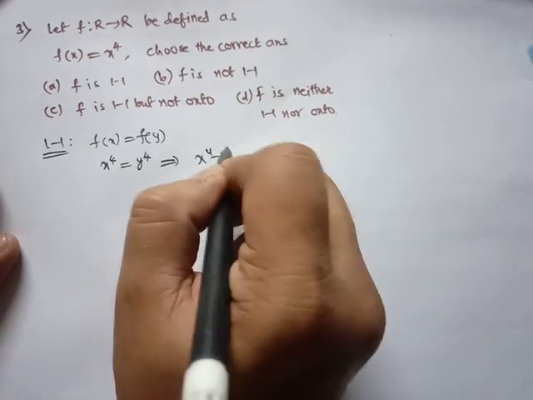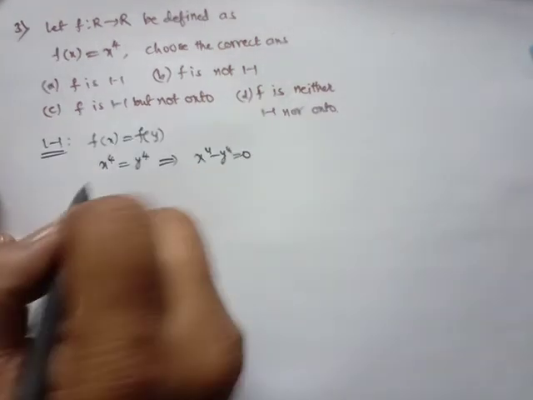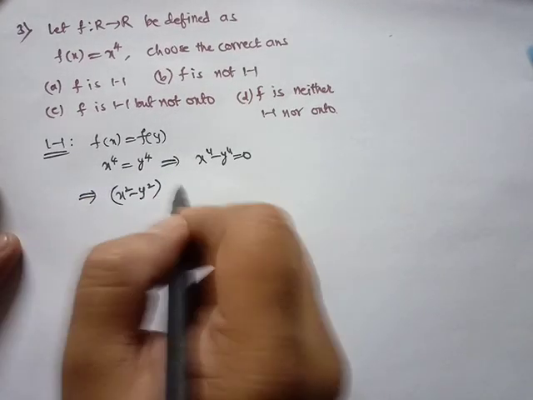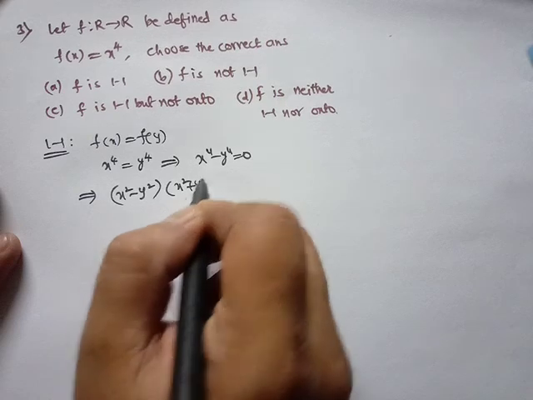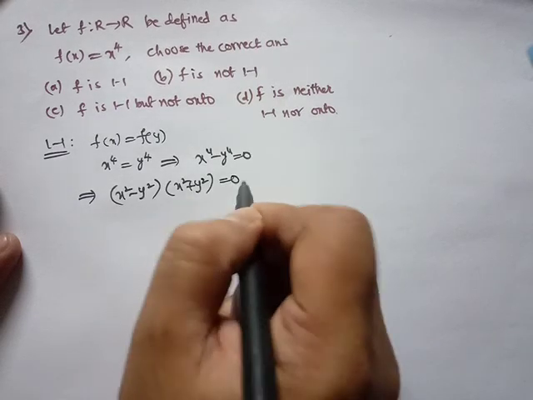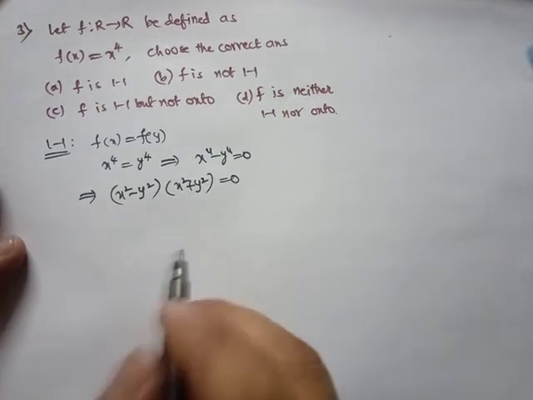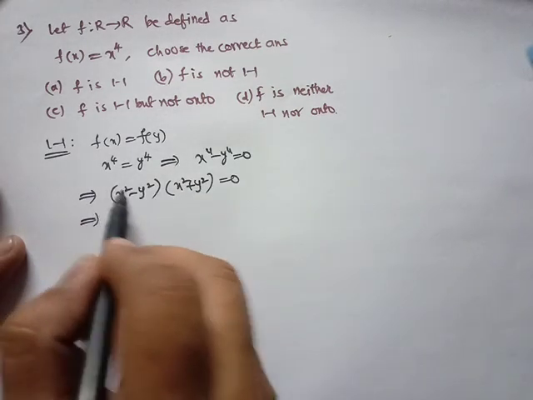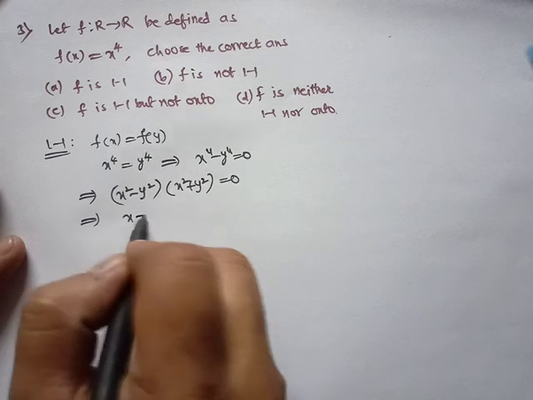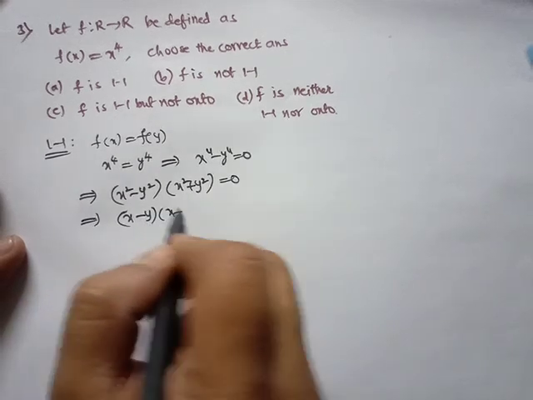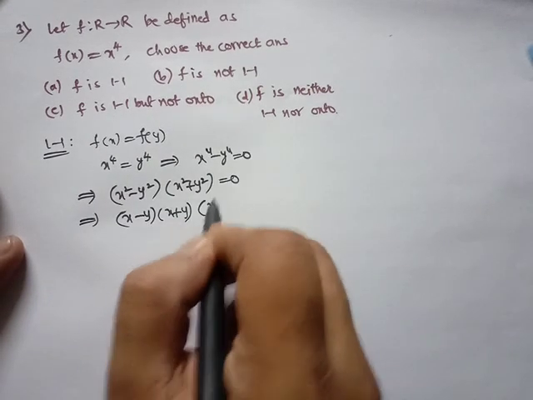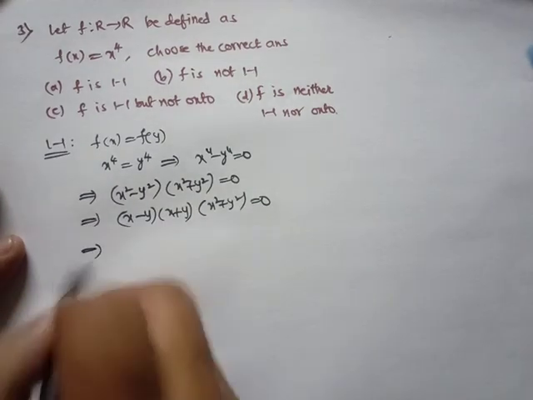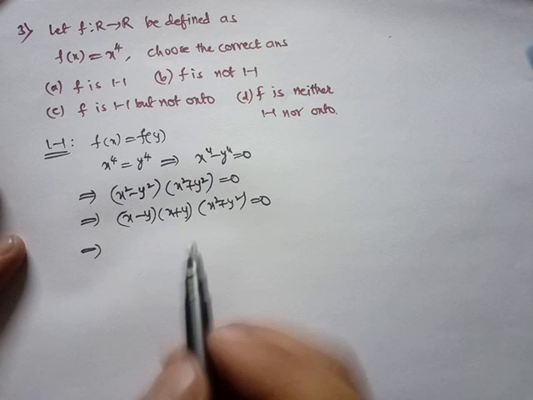x power 4 minus y power 4 equals 0. It can be taken as (x square minus y square) into (x square plus y square), applying the a square minus b square formula. Like this, x square plus y square cannot be split, and x square minus y square, again it can be written as (x minus y) into (x plus y). X square plus y square equals 0. This implies taking these as 0.